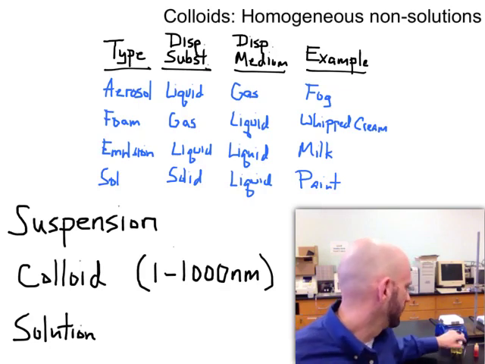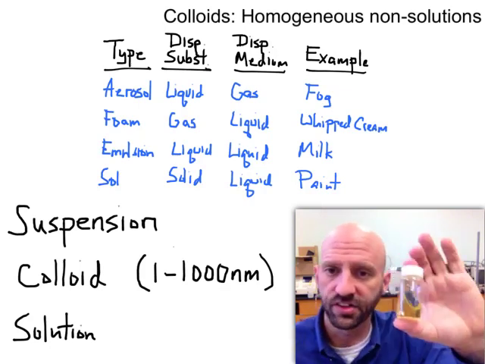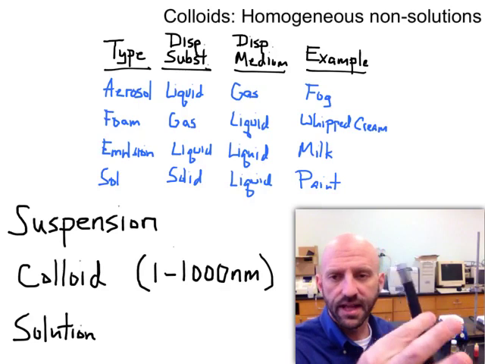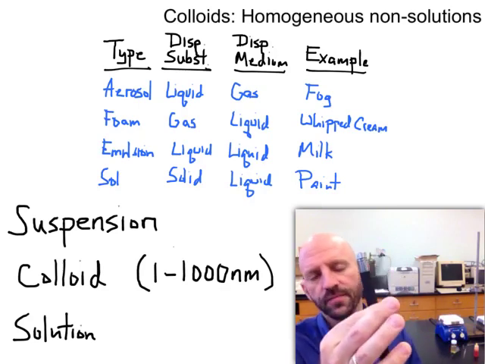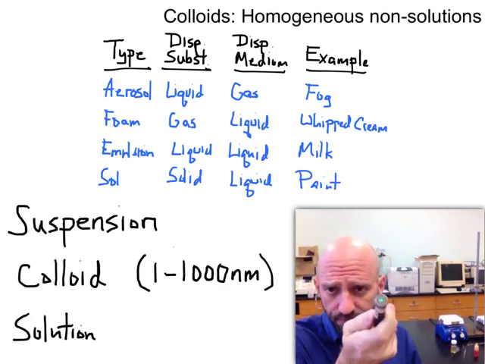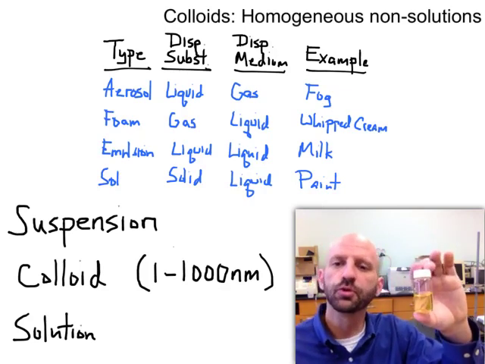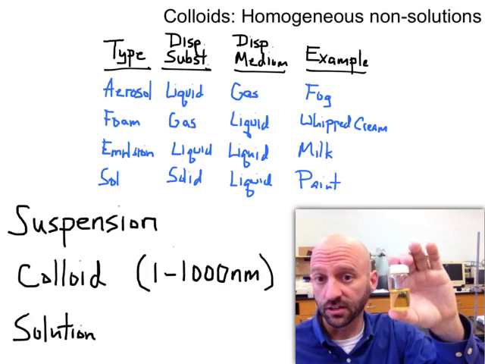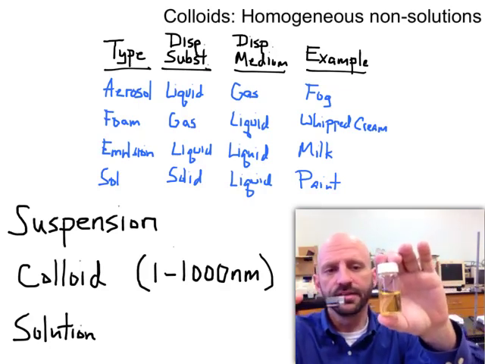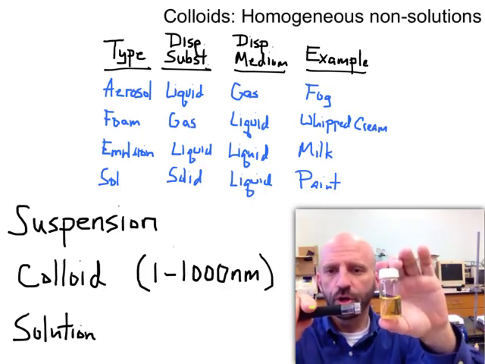So I've got these two systems here, and we're going to try to figure out which one of them is a colloid. All right, so I'm going to take this yellow solution, and I have here a fairly highly powered laser pointer. And maybe you can see, okay, right, there's the green laser. I'm going to shoot the green laser through my solution or colloid, whatever this might be. And in this case, as it goes through, you don't see a whole heck of a lot.